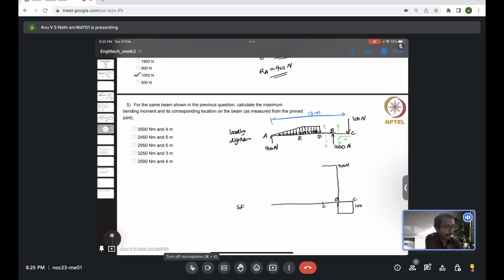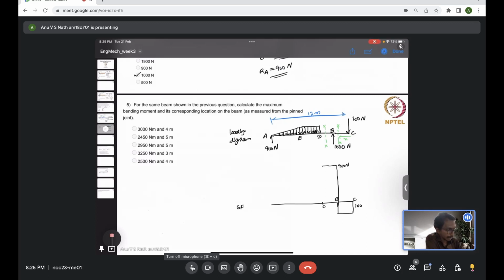It's better to start from some end, and shouldn't start somewhere in the middle, because you're gradually evaluating the shear force from one point to another point, since the shear force is obtained from the area under the loading diagram. So start from one of the ends, start from end C.